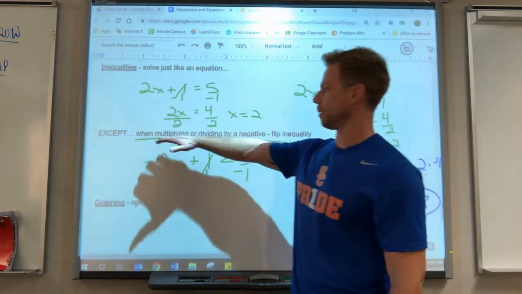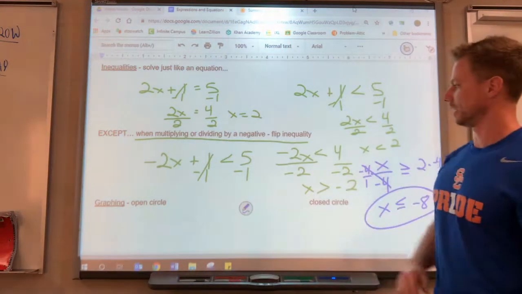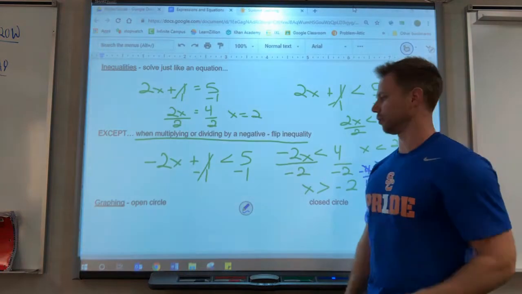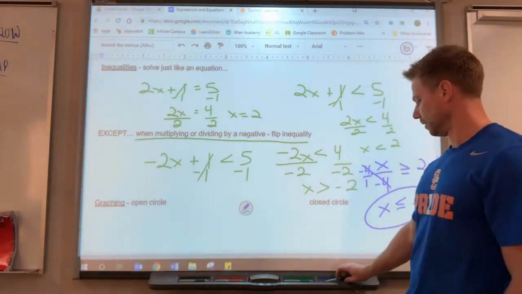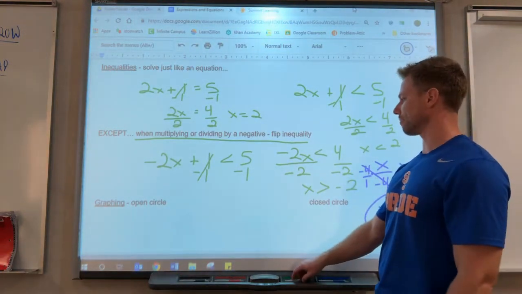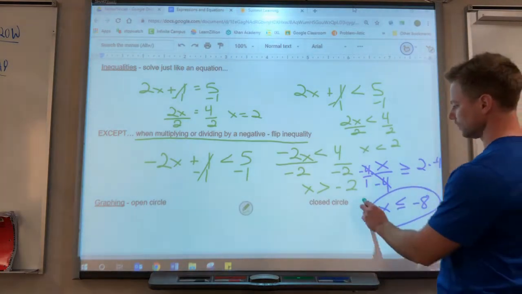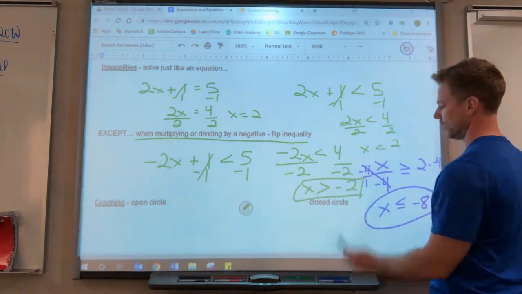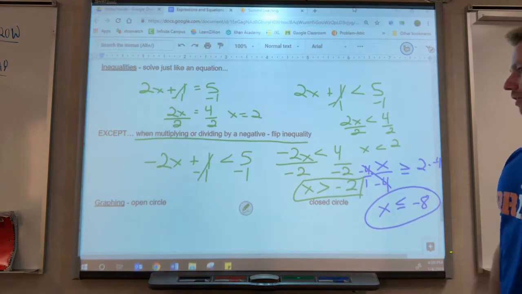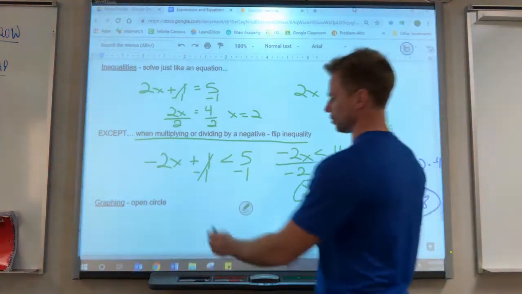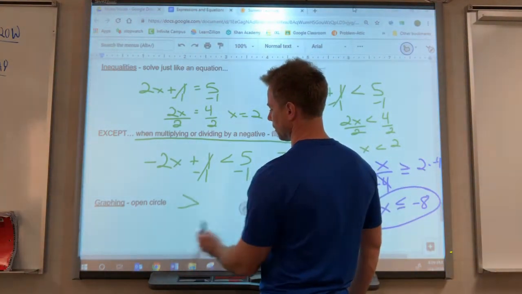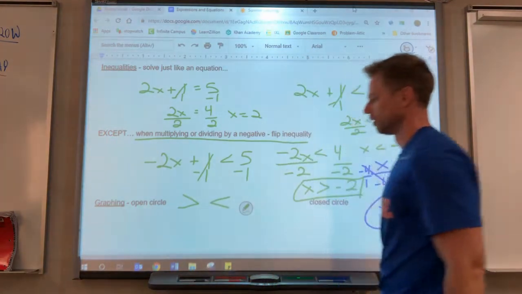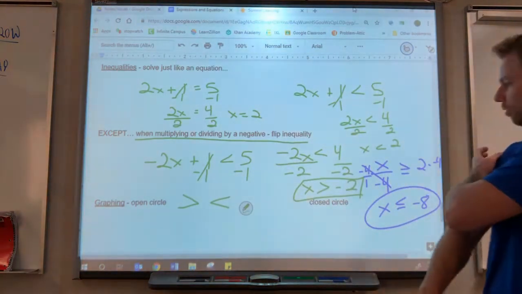So the key, remember, when you're multiplying or dividing by a negative, you have to flip that inequality around. Okay? And then when you're graphing these answers, if we were to graph this one, x is greater than negative 2, that would give us an open circle. If you have greater than or less than, your circles are always going to be open.